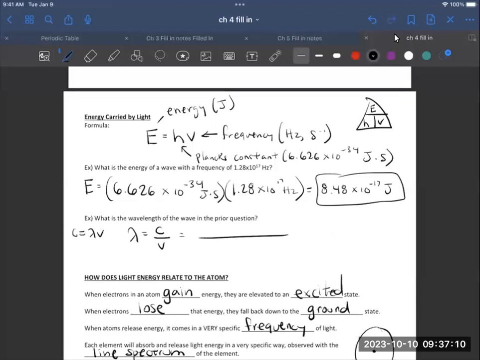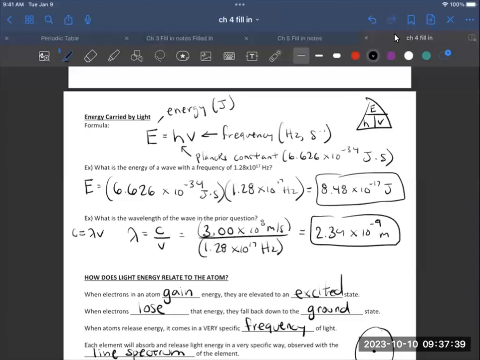The speed of light, we remember, is 3.0 times 10 to the 8th meters per second in parentheses, divided by the frequency mentioned in the previous question, 1.28 times 10 to the 17th hertz. And we get 2.34 times 10 to the negative 9 meters. So there you guys have it.